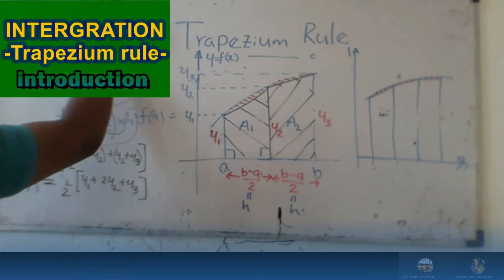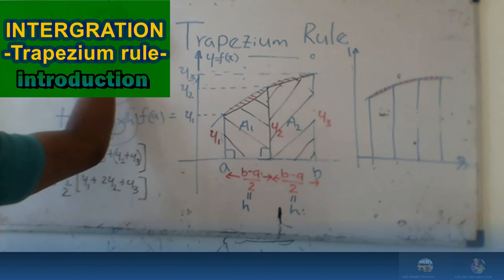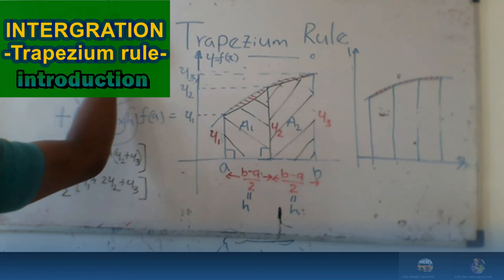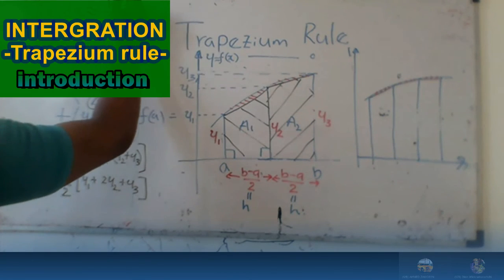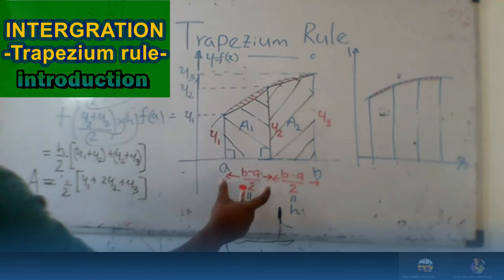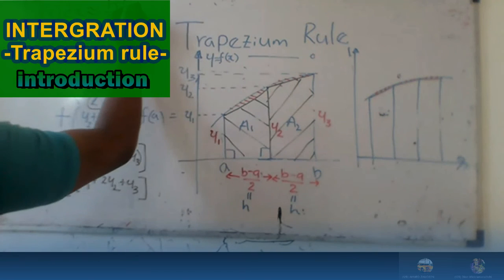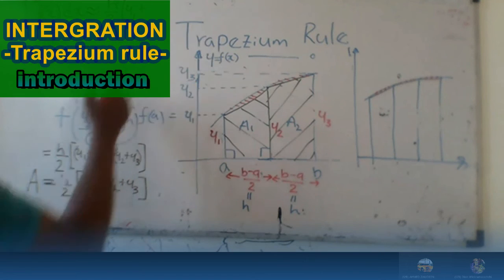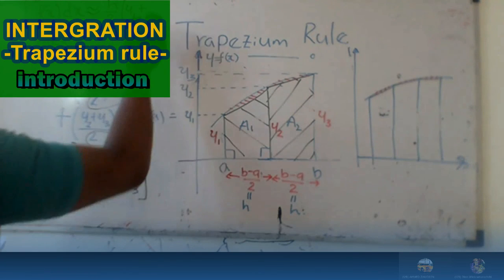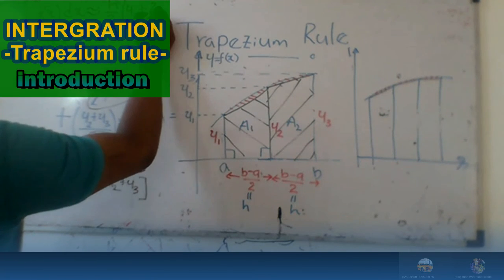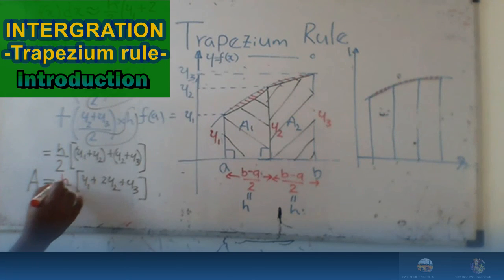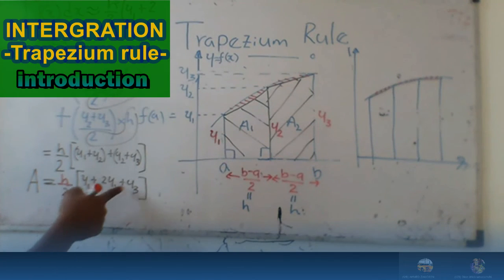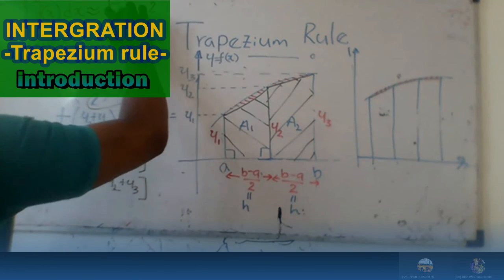Which is what I will give as the statement: h over 2, where h is the thickness, into y1 plus 2 times, because you can see if you take h over 2 here, the middle parts are having 2 times.